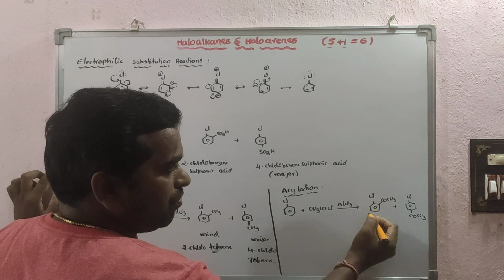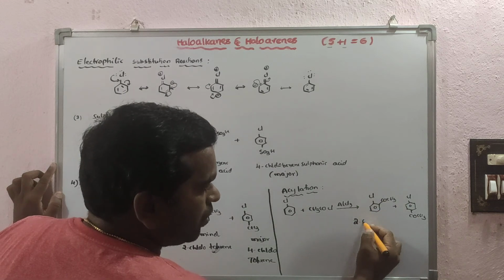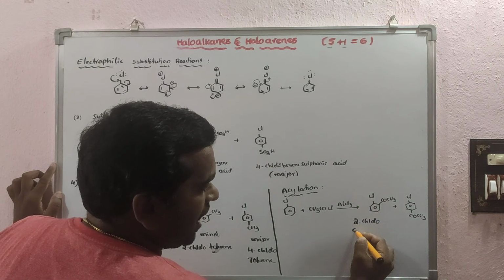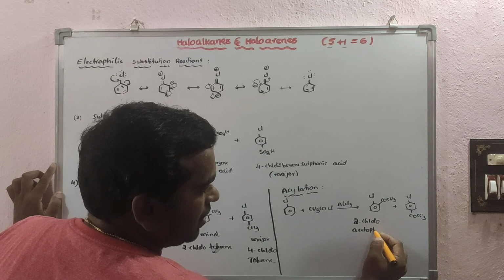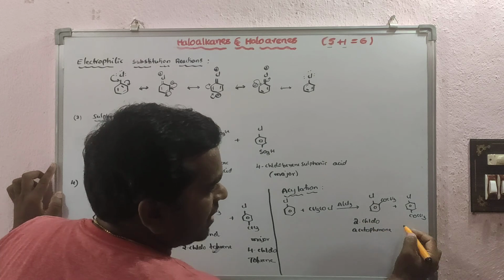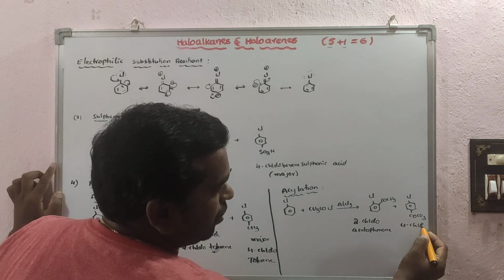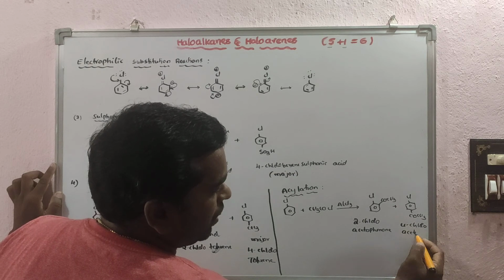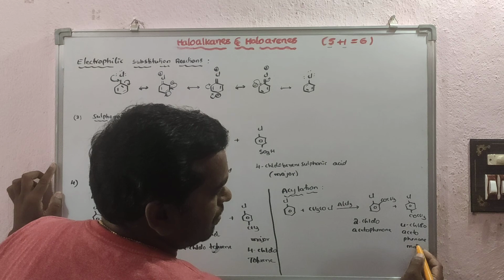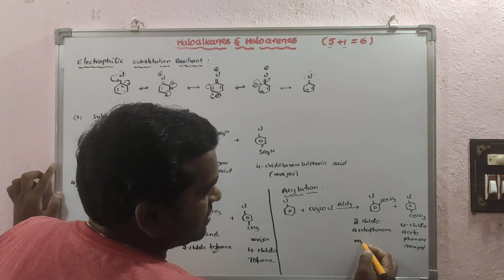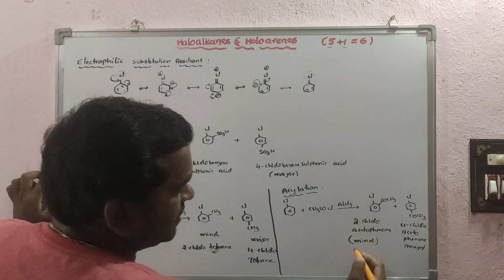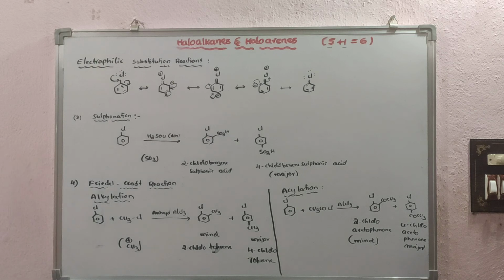This is 2-chloroacetophenone, and here 4-chloroacetophenone. Which one is the major product? This is the major product and this is the minor product. So this is about the electrophilic substitution reactions.